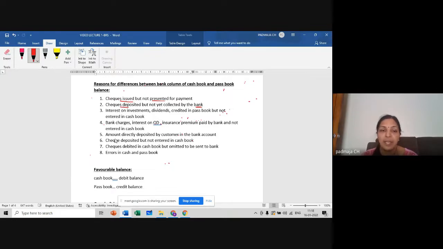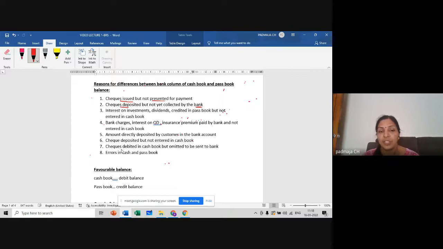Sometimes our customers may directly deposit the amount in the bank itself. So where is it recorded? It is recorded in the passbook, but it will be recorded in the cash book only when it is intimated by the customer or by the bank to the trader. Also, checks might be deposited, but by mistake they have not been entered in the cash book.